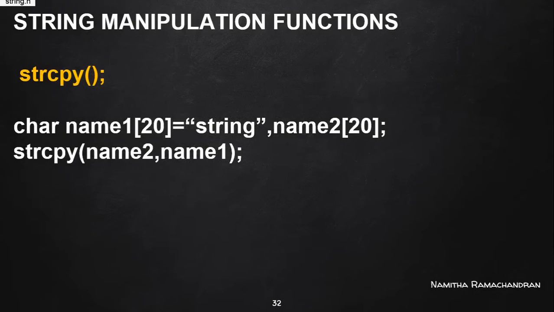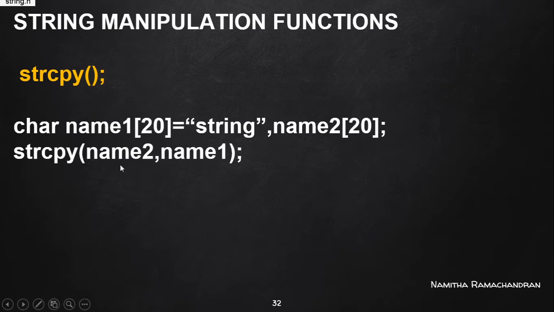Next is the strcpy function. This strcpy copies a string. Here we have two character arrays: name1 with size 20 bytes in which we store this string, and another character array which is uninitialized. Using strcpy of name2 comma name1, the content of the name1 character array is copied into the name2 character array.